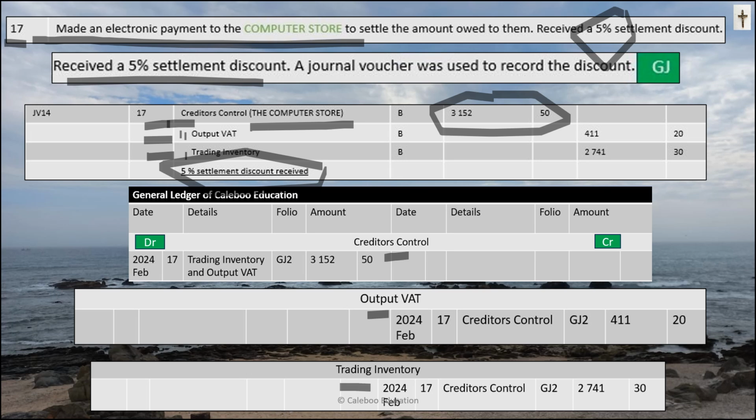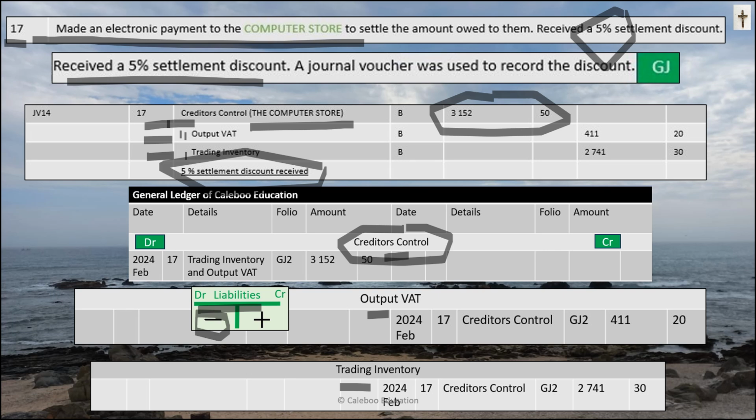Now, why was creditors control debited? Creditors control is a liability, and so is output VAT. But creditors control, because we received a discount for settling early, what we owe the creditor, the computer store, has decreased.